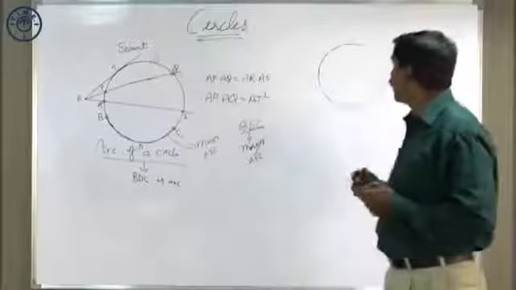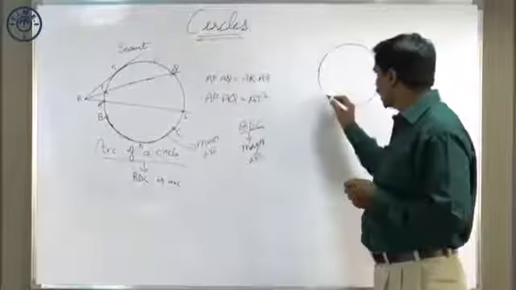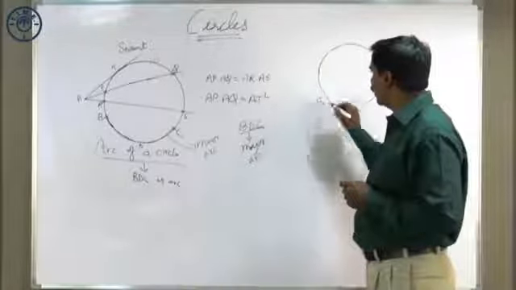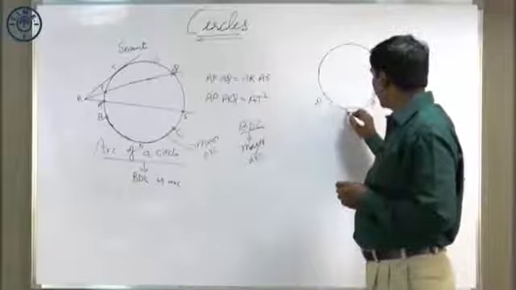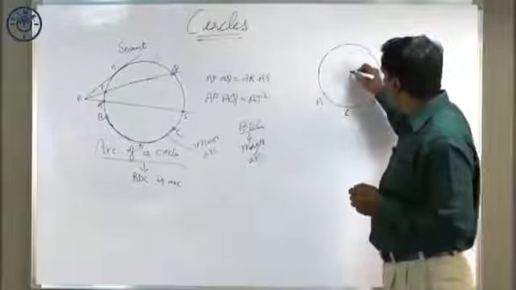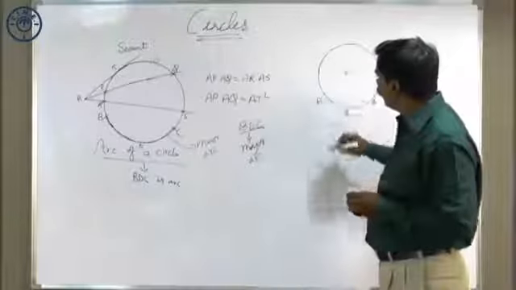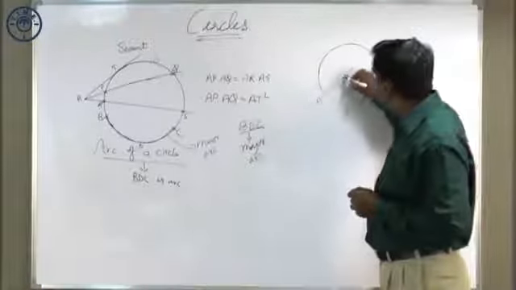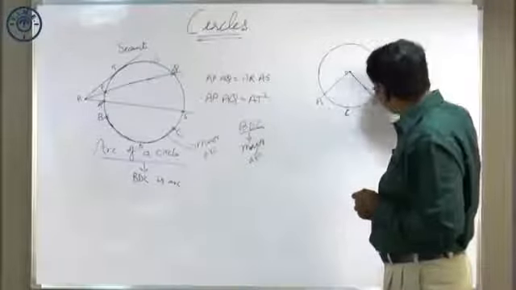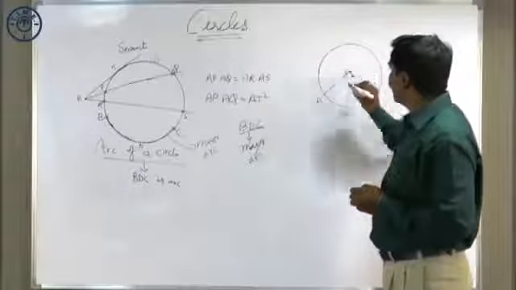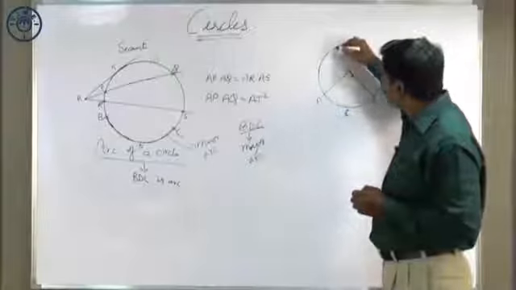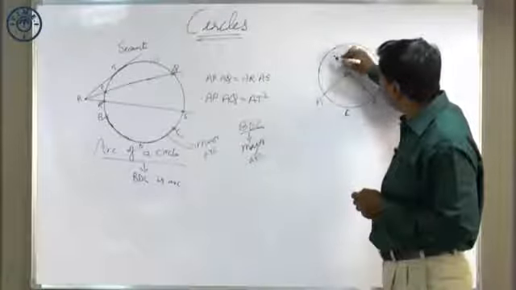Let us have a small circle in this way. As mentioned earlier, if these are the points A and B, and this is C, ACB is the minor arc. Suppose O is the center of the circle. The angle made by this arc at the center, AOB, is twice the angle made by it in the remaining portion.